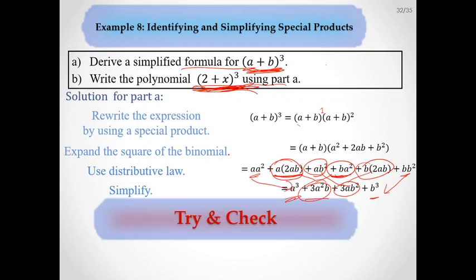And then we got the formula. The formula for A plus B cubed is A cubed plus 3A squared B plus 3A B squared plus B cubed.